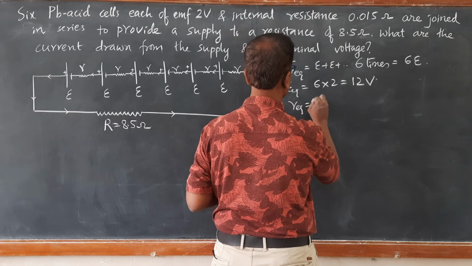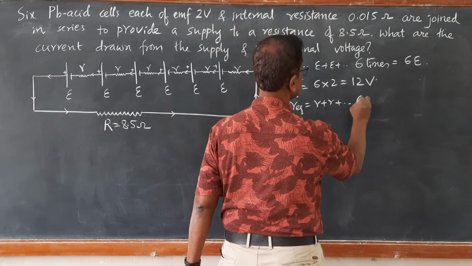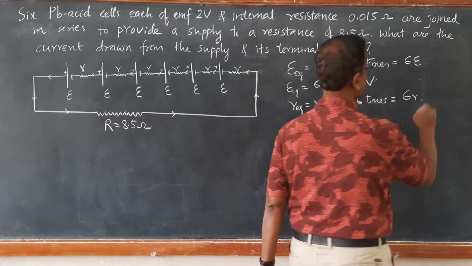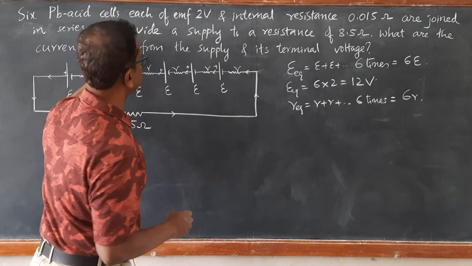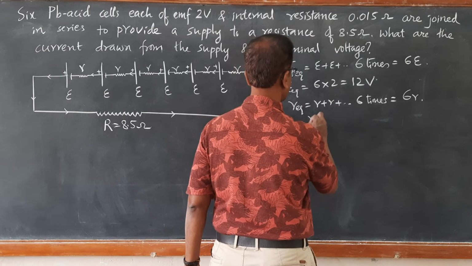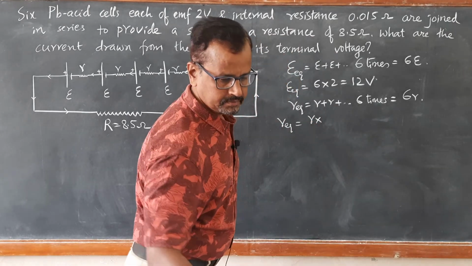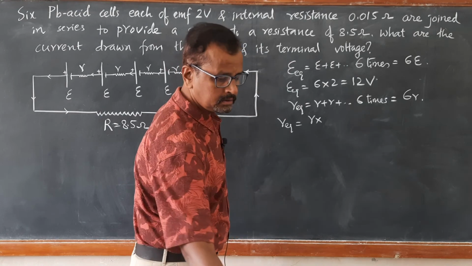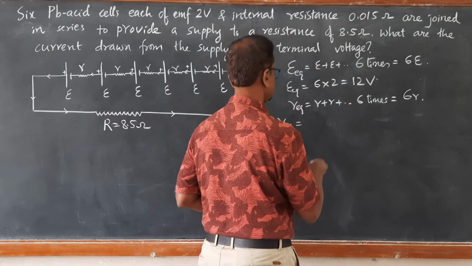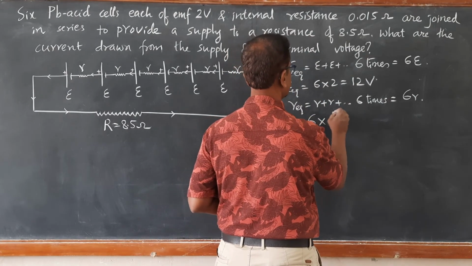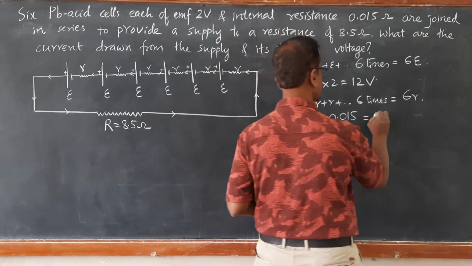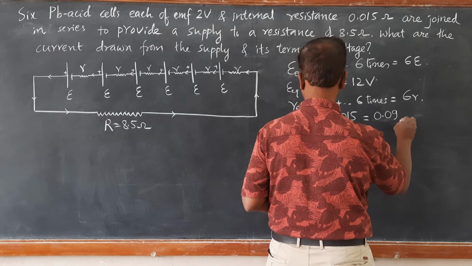R equivalent is equal to, again, R plus R and so on 6 times. So it is also very simple, 6R. R is given here as 0.015 ohm. Therefore R equivalent is equal to 6 into 0.015. 15 6 are 90, so it becomes 0.09 ohm.